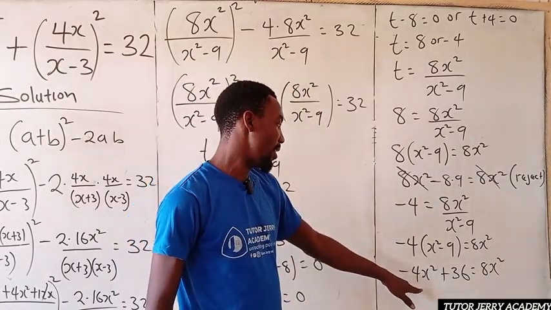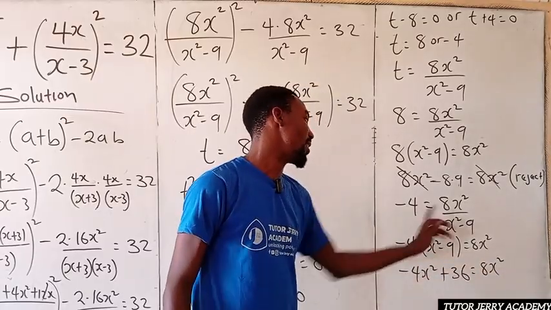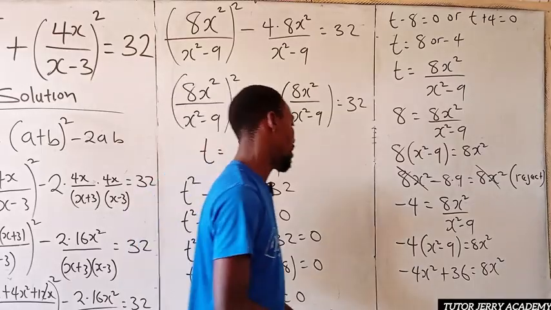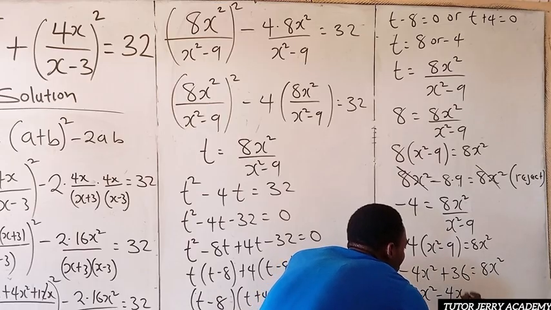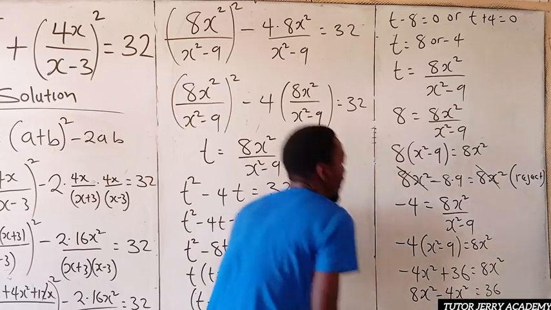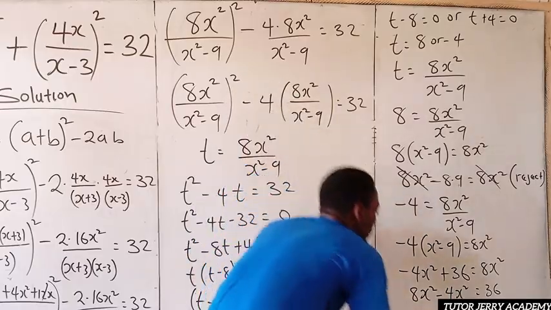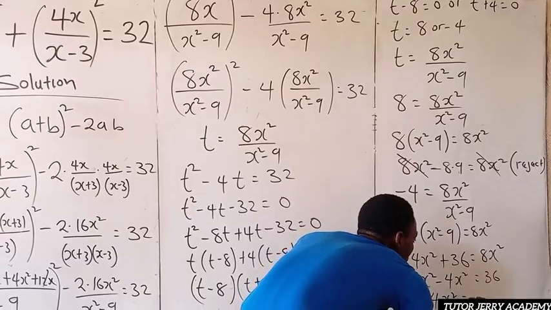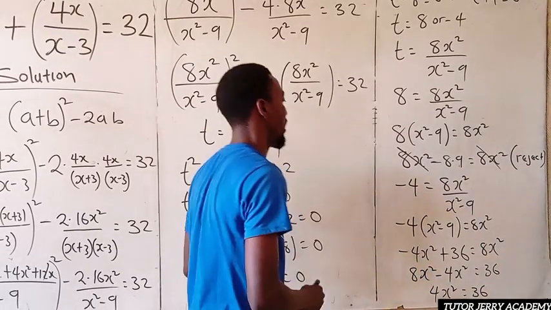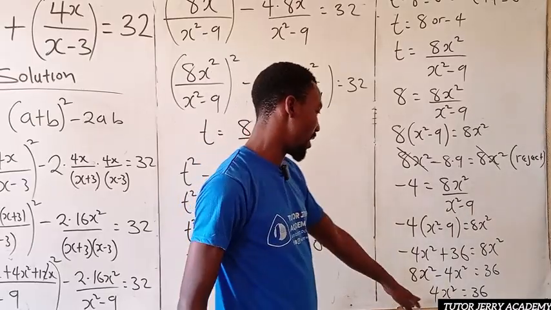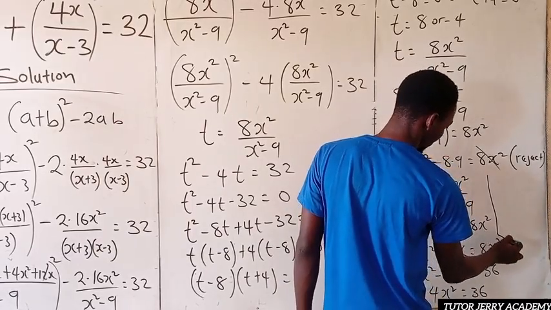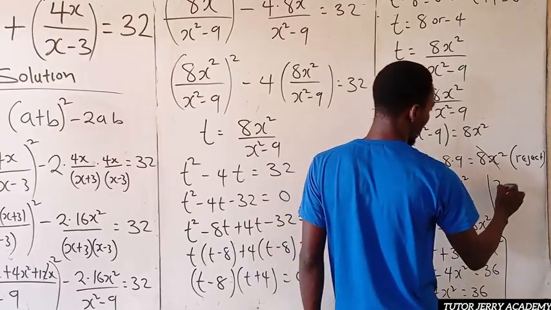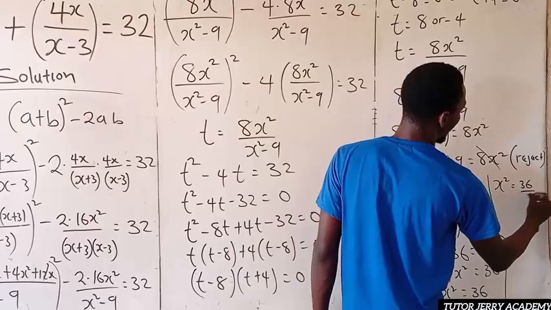Now the next thing is I can bring 8s squared to this side and take 36 to the other side. So I'm going to have 8s squared minus 4s squared equals 36, and 8s squared minus 4s squared is 4s squared, which equals 36. For me to get the value of s, divide both sides by 4. So s squared will be equal to 36 over 4.